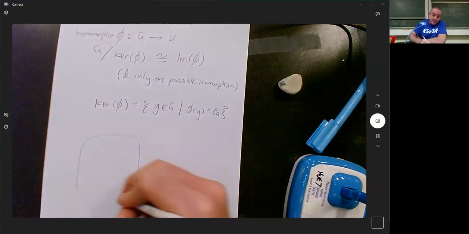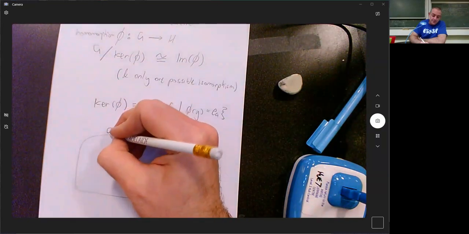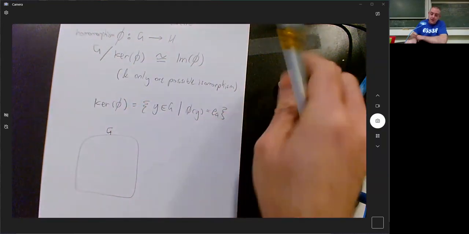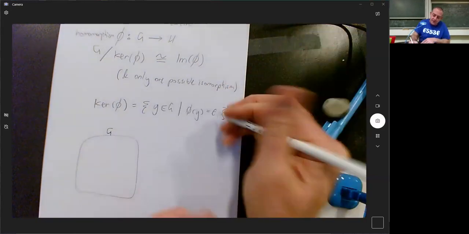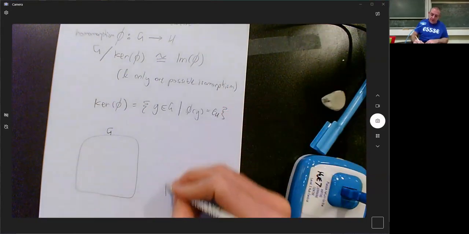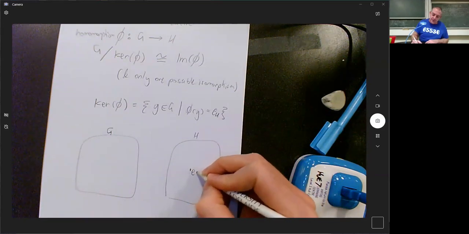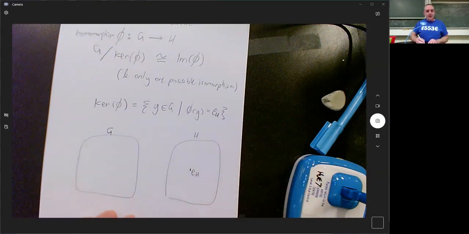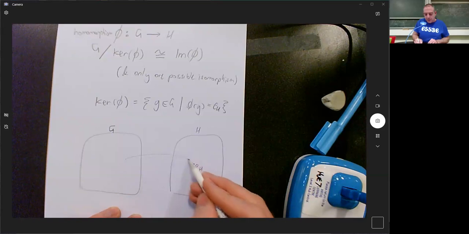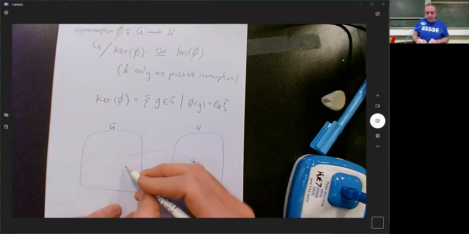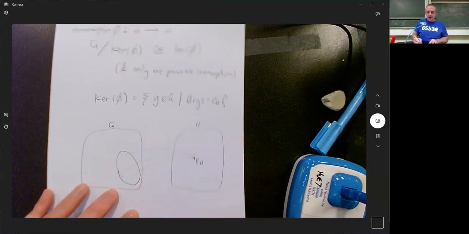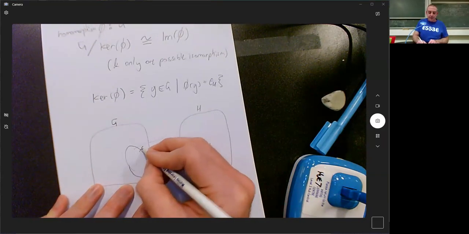Here's G, and here is H, and here is the identity of H. And then a whole lot of things will all end up here when I do phi. And all of those things together, that is the kernel of phi.